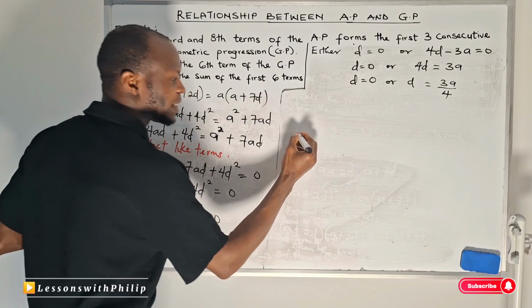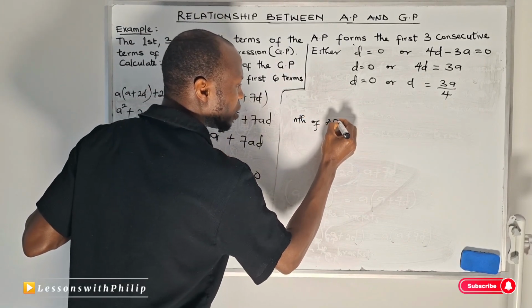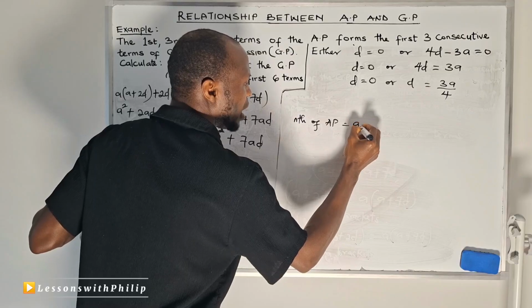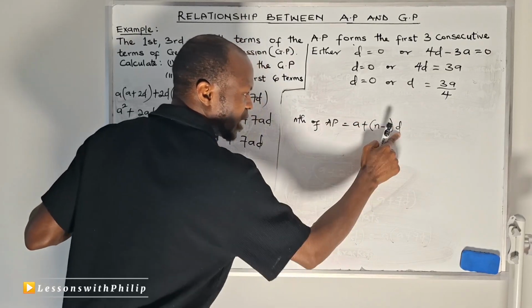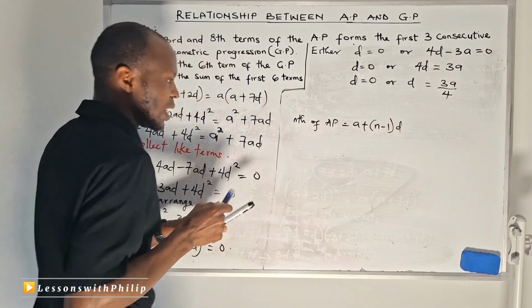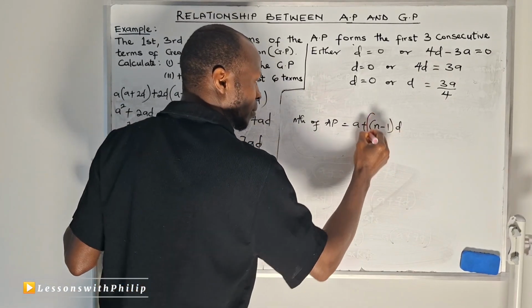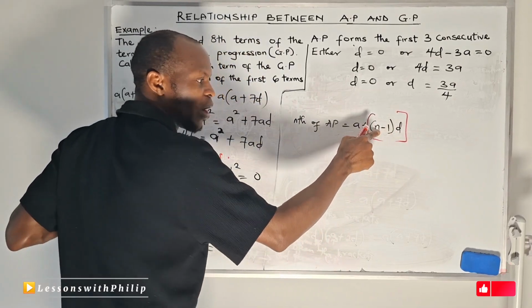The formula says the nth term of an AP equals A plus n minus 1 multiplied by D. If your D is 0, that shows that this whole place will be 0, because 0 times all this, irrespective of your n.